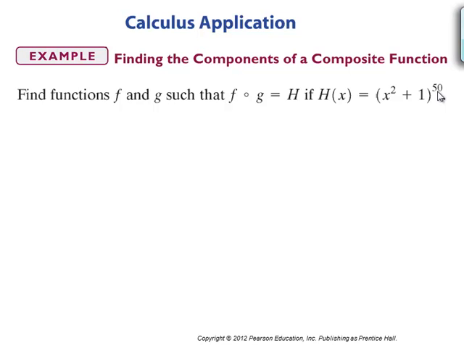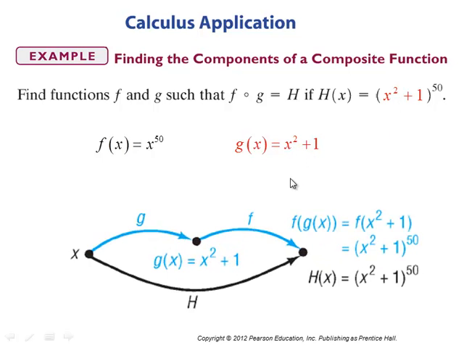But one option is to have x squared plus 1 as your inner function, g. So you can let g be equal to x squared plus 1. And then you can let your outer function f be equal to x to the 50th power, this power function. So do you see how f of g of x would be equal to x squared plus 1 raised to the 50th power? Just like we see here.